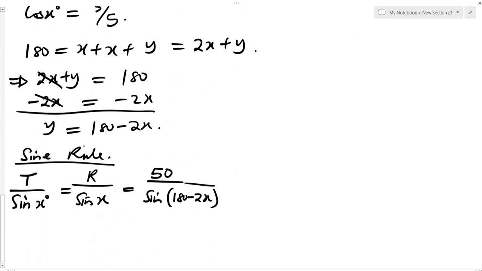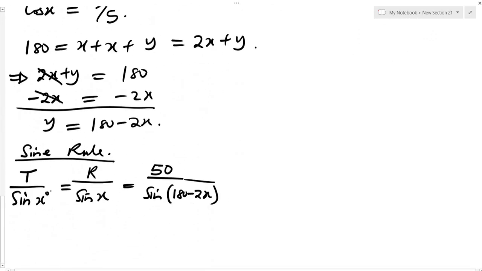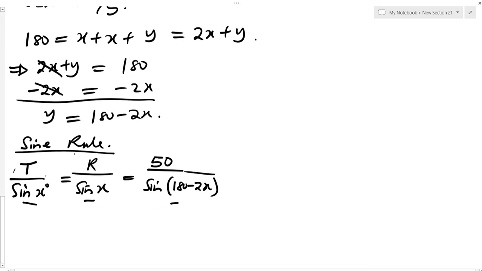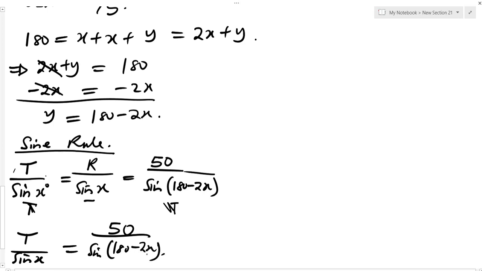So that is why the first term is equal to the second term equal to the third term. So for us to get our tension, we are going to use this and this. Since they are equal, you have T all over sine x equal to 50 all over sine 180 minus 2x.